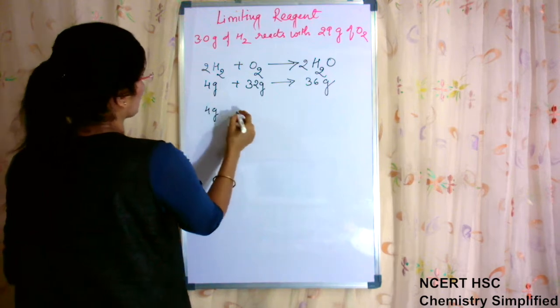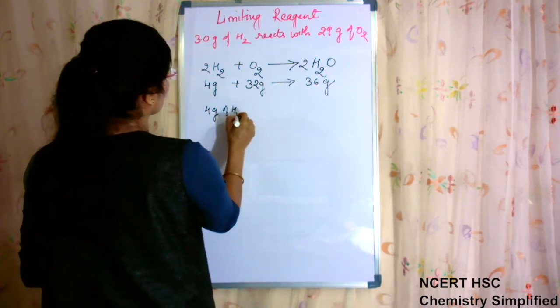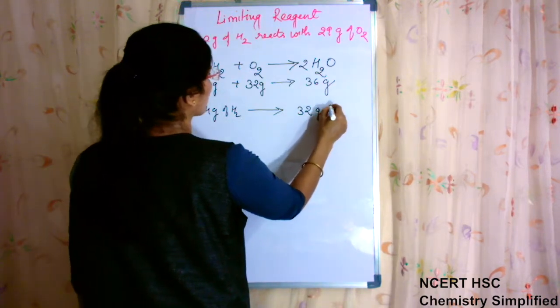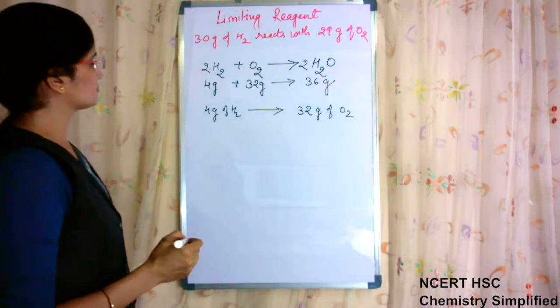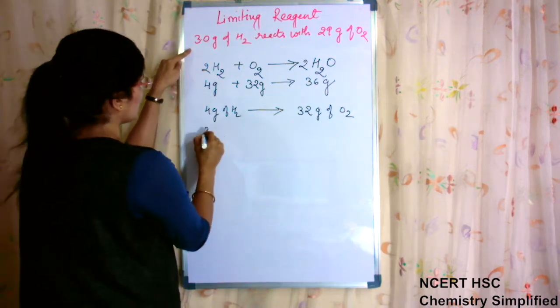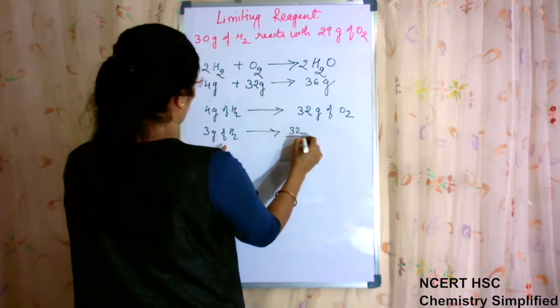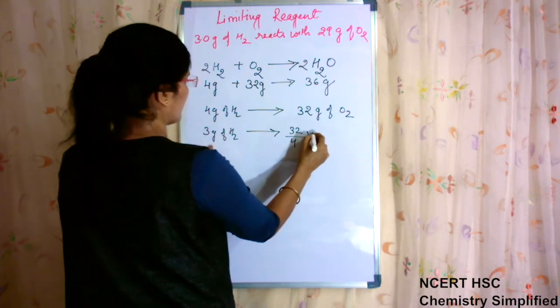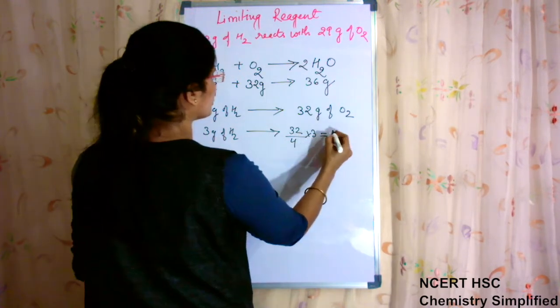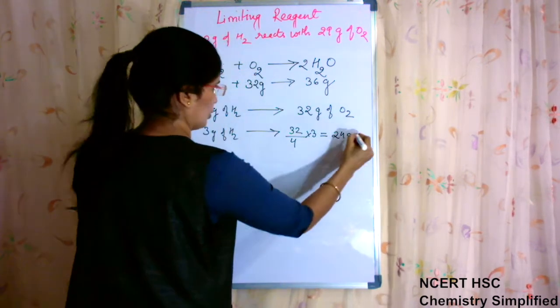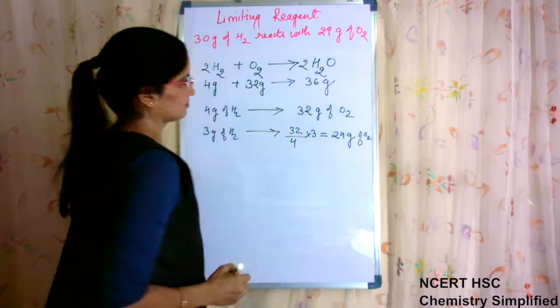Now first we have to focus on reactants. 4 grams of hydrogen according to the equation requires 32 grams of oxygen. Then 3 grams of hydrogen will require 32 upon 4 multiplied by 3, that is equal to 24 grams of oxygen.